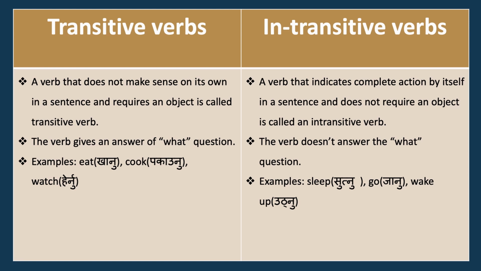For example, eat, khanu, what, momo, chao chao, dal bhat. Similarly, cook, pakaunu, what, dal bhat, chowmein, pasta. Watch, hernu, what, movie, which is film or chalchitra in Nepali. So all the transitive verbs take an object to make a complete meaningful sentence.